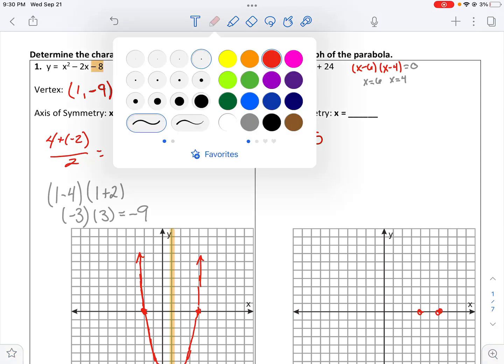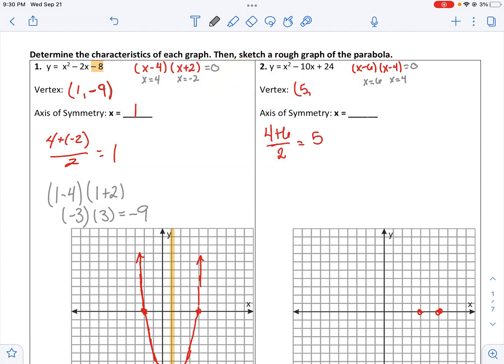Now the tough part is, how do you find the y-coordinate? I'm going to take that same number 5, and I'm going to substitute that back into my factored form, and then I can simplify. So negative 1 times 1 is a negative 1.